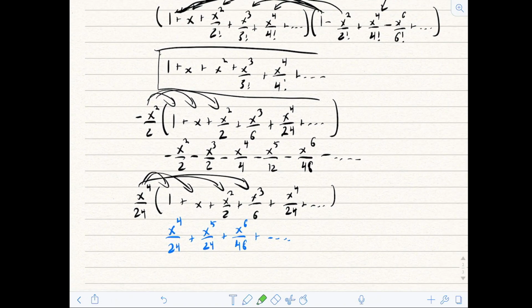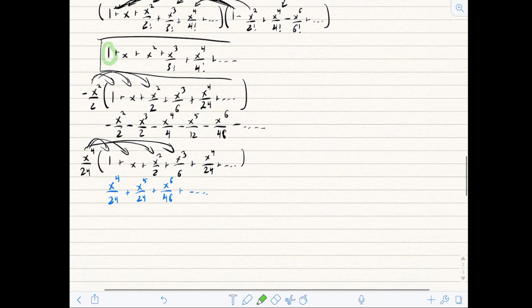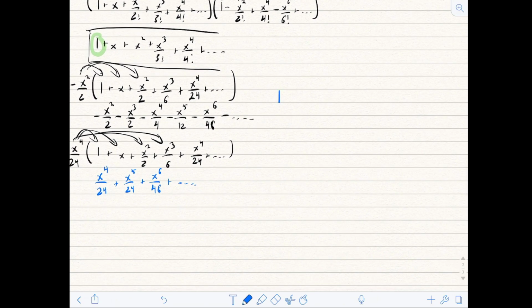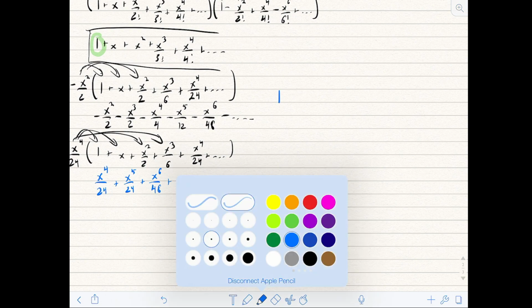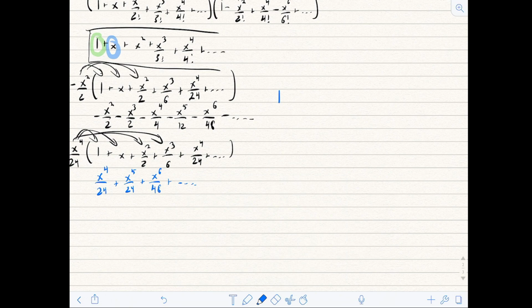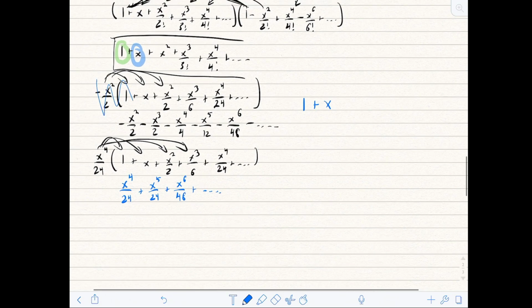Okay, so let's focus on the terms. So it looks like that 1 is going to be the lowest. Then I'm going to work with the x's. It looks like I have an x there. That looks like the only x, so plus x. By the way, I'm not focusing on this, and I'm not focusing on this.